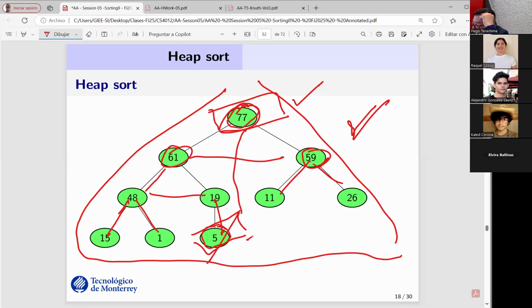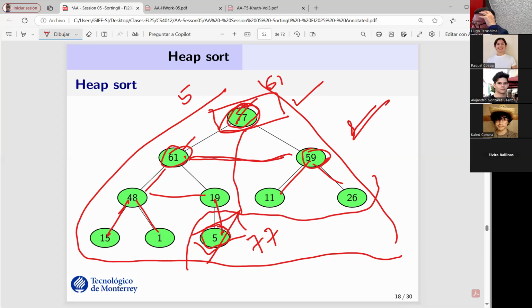Put 77 here. And once you have 5 here, you need to rearrange the heap, so that I'm going to leave a heap now with n minus 1 elements, right? And I'm going to compare against these two, and 61 is the one that is now going to be here, and 5 is going to be here.